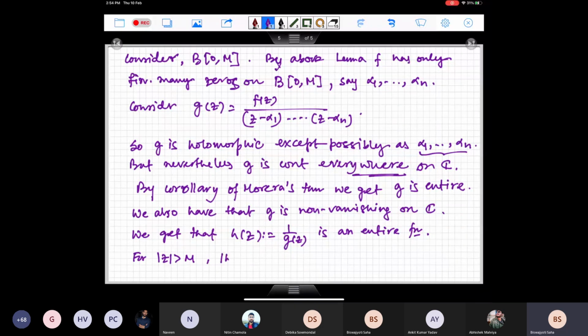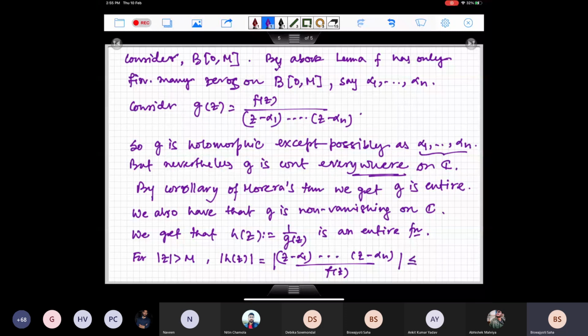So mod of h of z, carefully notice, is equal to mod of (z minus alpha 1) and so on, up to (z minus alpha n), divided by f of z. Now mod of f of z is bigger than 1, so 1 upon mod of f of z is less than 1. So all I have is the numerator that I need to take care of, and as we know this is just a polynomial, so the numerator grows like some power of z, z to the power n.